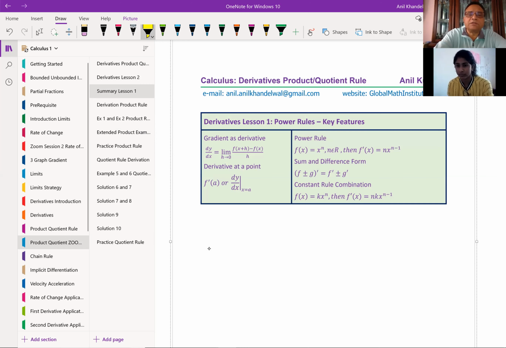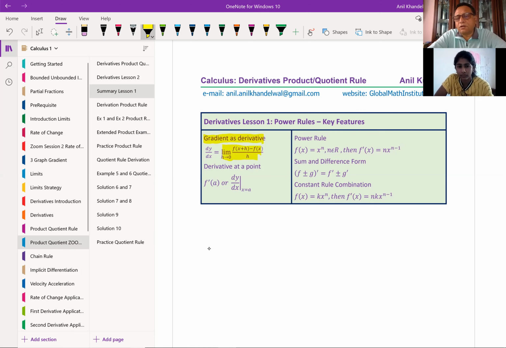So we changed the concepts we learned about gradients to a new name, which was derivatives. With gradient, you had known earlier how to find the slope of a secant line, and when the limit approaches zero, which is written right here, then we get the slope of the tangent line.